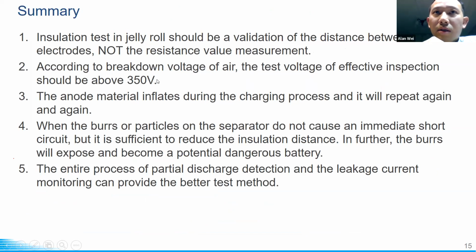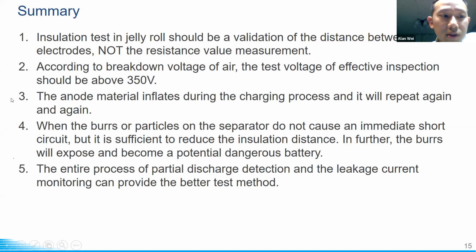It depends on what material you use, the distance, the thickness of the separator, the material of the separator, and the material of the anode. For a pouch type cell, you also have to consider the force you push on the cell. That will all change the insulation distance. So that's why we suggest customers use at least 350 volt to do the test.